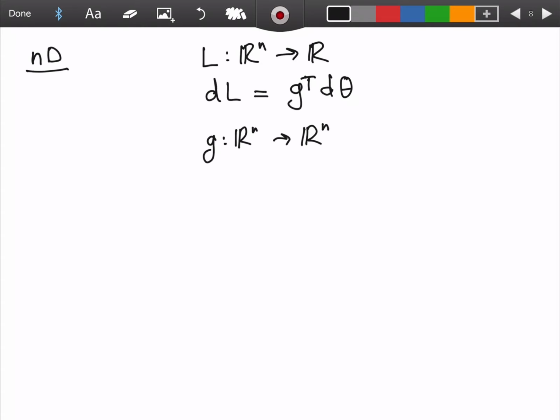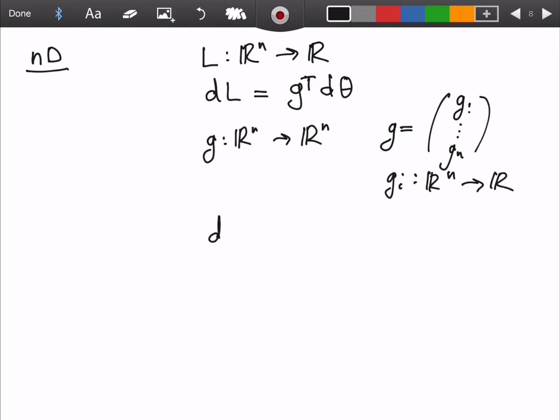And you can write it in coordinates. You can write g as a vector g1 until gn. Of course, each such gi is again a scalar valued function. If this scalar valued function is differentiable, we can write dgi as the gradient of that coordinate of our gradient, let's call it hi, transpose d theta, for i from 1 to n.